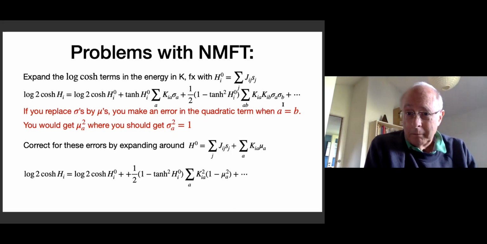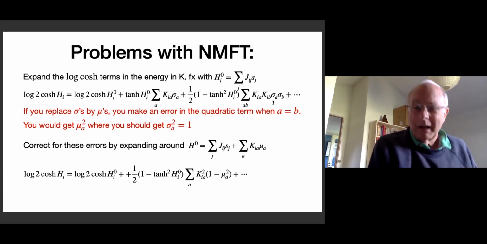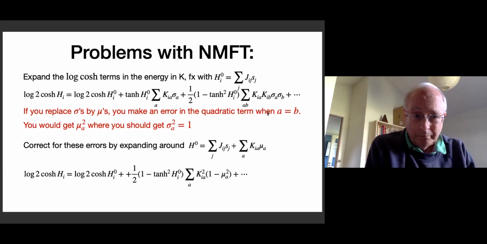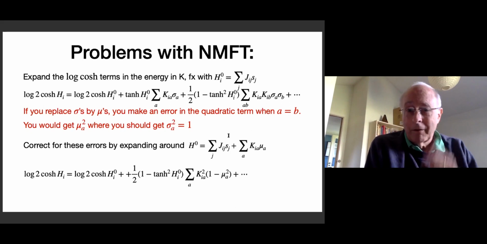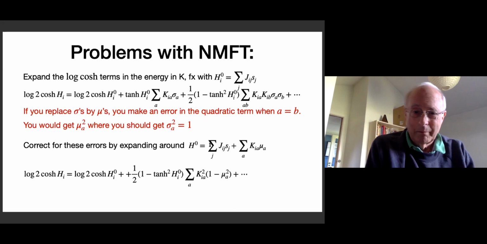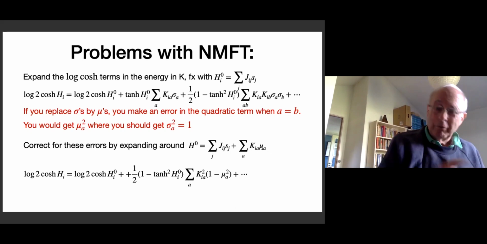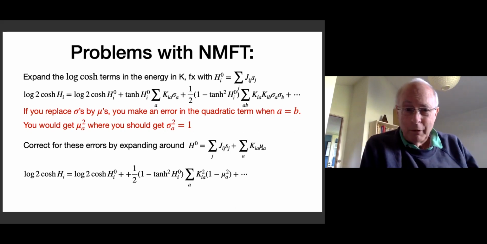Because when A is equal to B, then you should be getting 1. But if you just blindly replace sigma by mu, you'd get sigma A squared, right? So we can correct for all those errors by expanding around the case, H0, which is the one you would get if you replaced the sigmas by mu's everywhere.